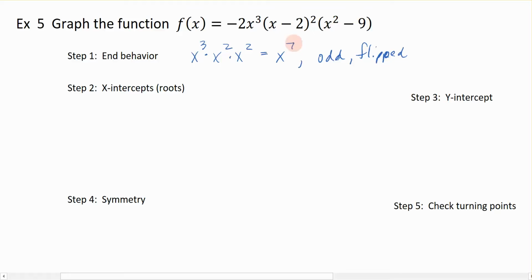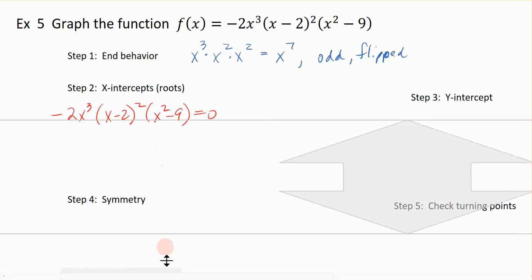Now that we know what the end behavior is, let's look at the x-intercepts. How did we find x-intercepts? We set the function equal to 0 and we solve. So we take the function as it is, negative 2x cubed times (x minus 2) squared times (x squared minus 9), and set it equal to 0.